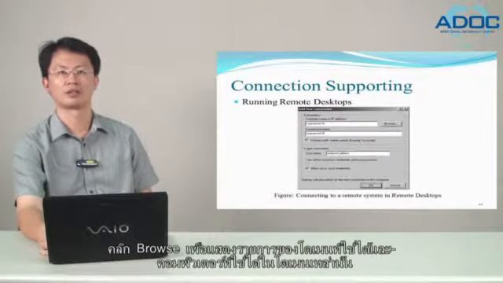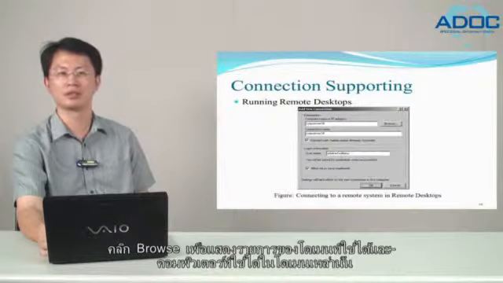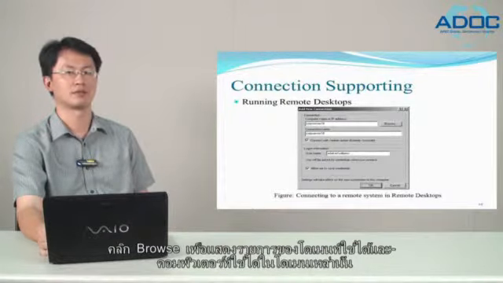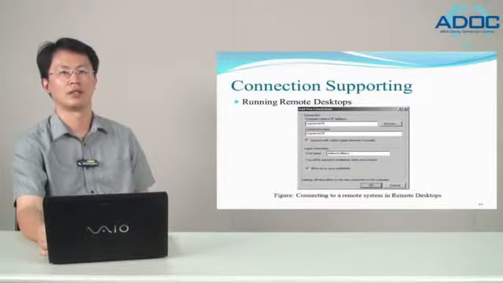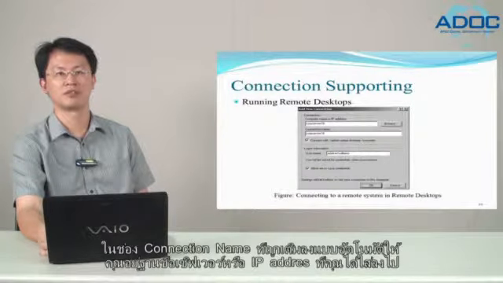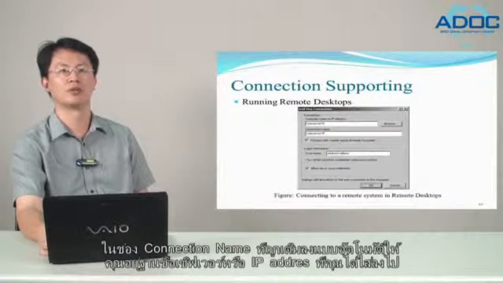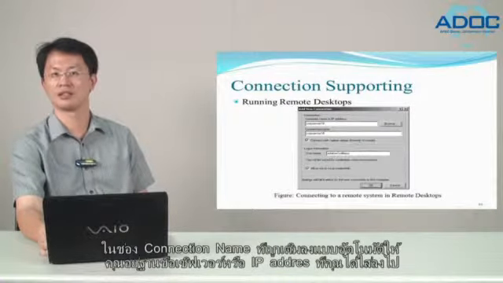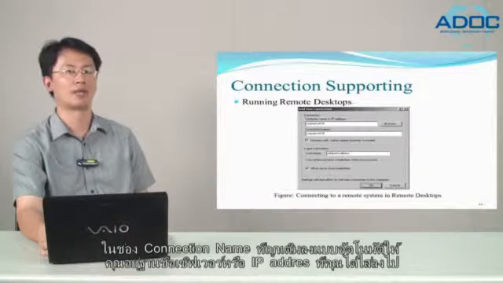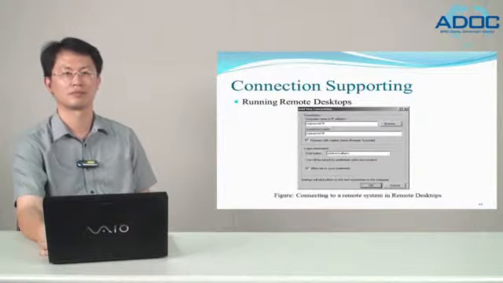And click Browse to display a list of domains and available computers in those domains. The connection name field is filled in automatically for you based on the server name or IP address you entered.